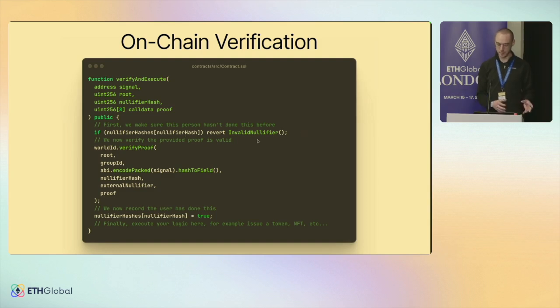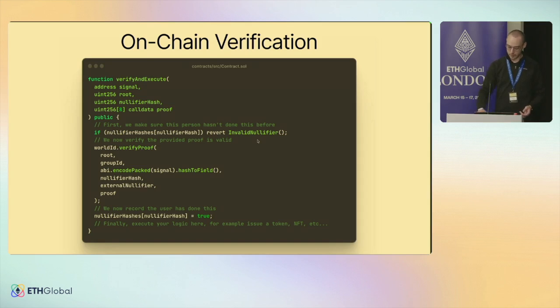So we have a mapping of the nullifier hashes, and in this case just to a Boolean value, where when we verify a proof for a specific nullifier hash, we'll set it as true so that we make sure this user can only do this action once. For on-chain verification, you do have to implement that sybil resistance in your smart contract yourself, in contrast to API verification where we handle that for you.